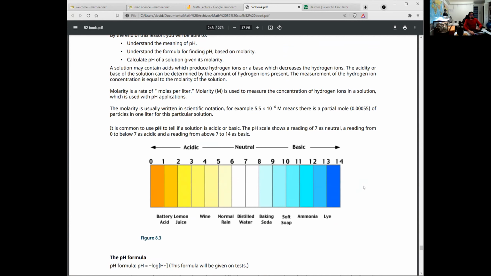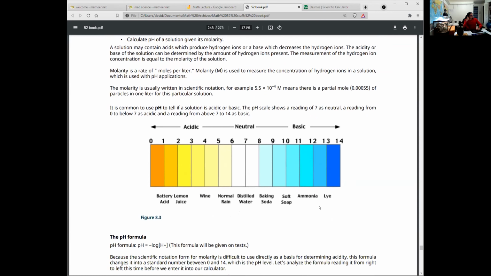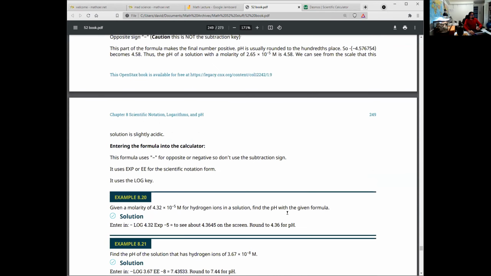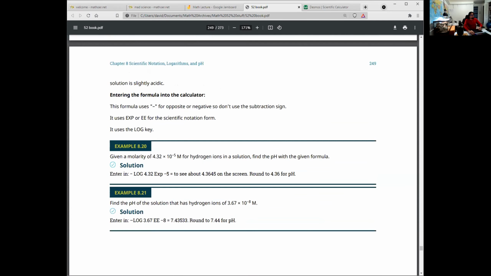You would think if it did measure acidity, then the bigger the number, the more acidic it would be, but it's backwards. And then there's a negative hiding in the log formula. So the angry chemist will explain all of that carefully, and you'll understand pH very nicely and make your future chemists happy. But again, all you were doing is saying, I'm taking this number, plugging it in the calculator, getting an answer. I am done.